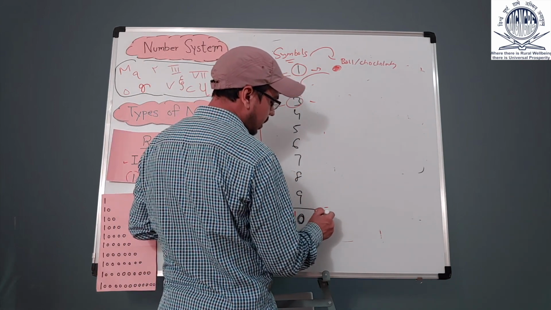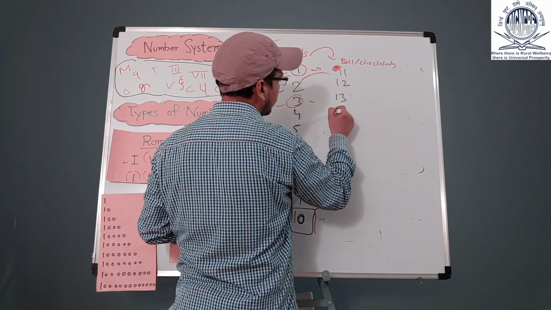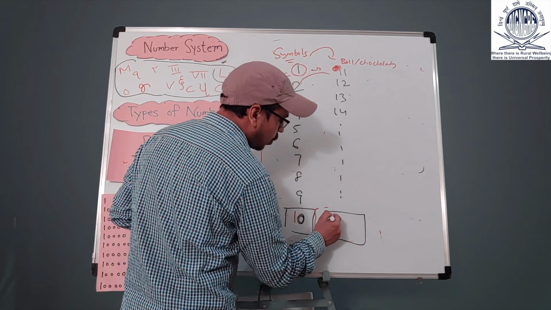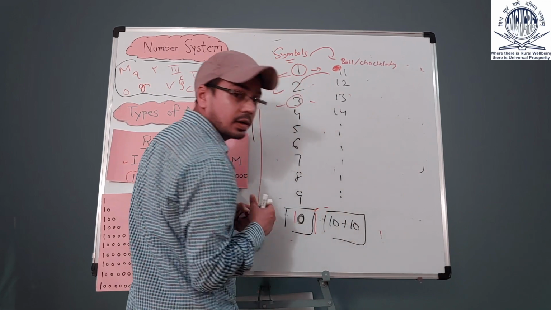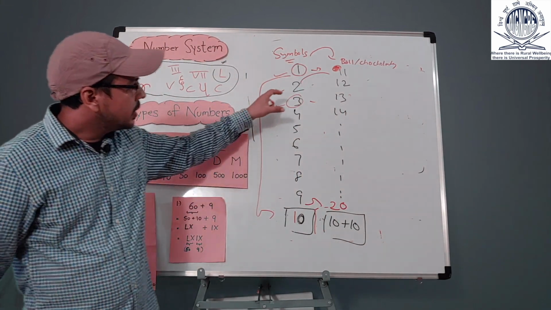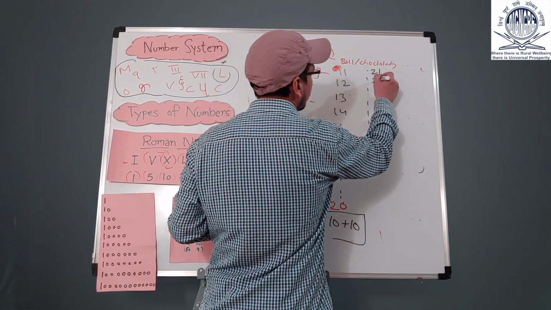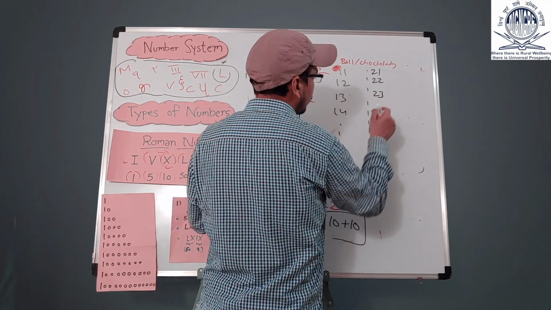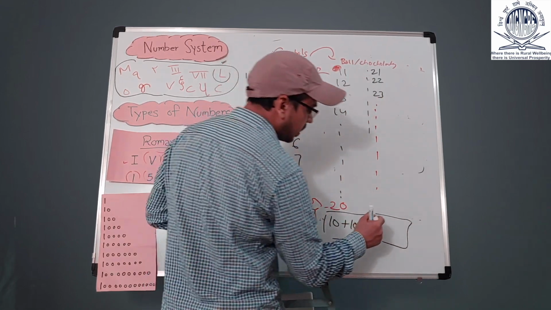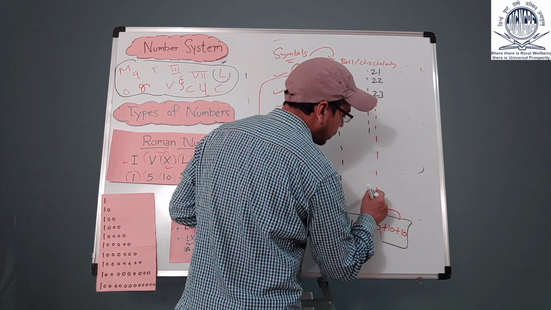This will keep going, like over here you'll get 11 and 12 and 13 and 14, and I will get over here essentially 10 plus another 10, which essentially represents 20, right? And then we'll get again an increase of the numbers over here, which will be like 21, 22, 23. It will keep increasing, and ultimately what we are going to get is nothing but 10 plus 10 plus 10, which is nothing but 30.